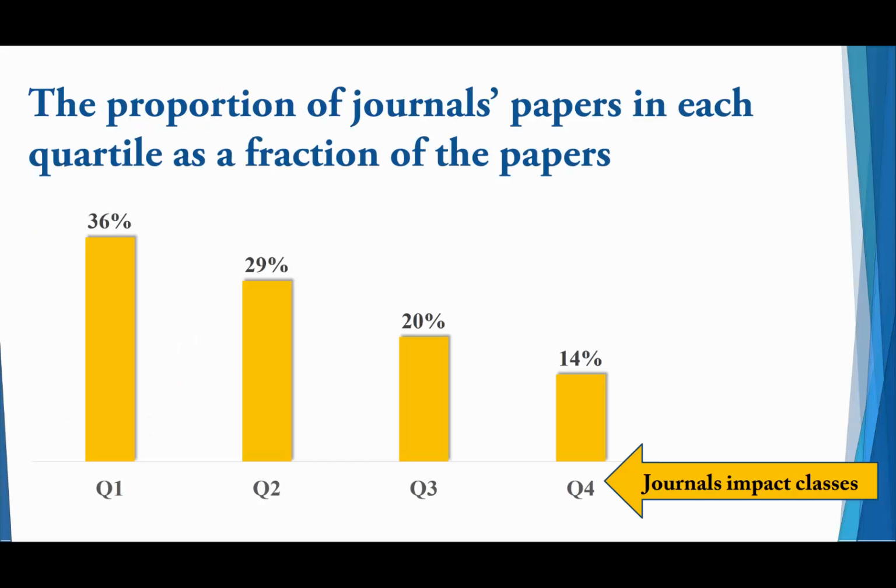Q1 journals publish about 36% of papers, while Q4 journals publish 40% of papers. So, on average, the most prestigious journals publish more papers compared to the less prestigious ones.